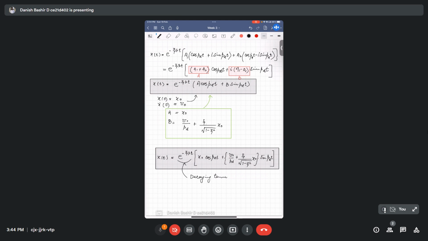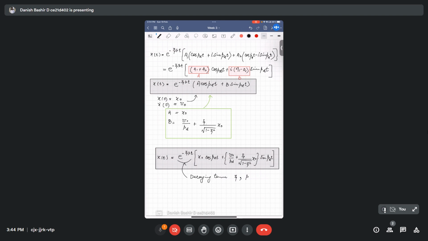The decay of the motion in the damped free vibration will be governed by theta and p, that is, the damping of the system. If the damping is more, the system will come to rest in a very small amount of time, and if the damping is very less, the system will take more time until it comes to rest.